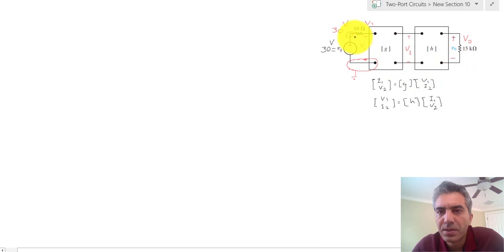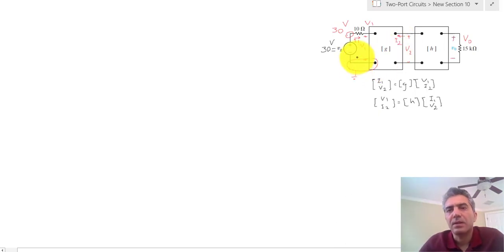In terms of currents, the current going into the first port, I'm going to call it I1. Now the current going into the second port of this box right here, I'm going to call that I2. Notice that for these two-port analysis circuits, I'm always choosing the currents I1 and I2 to go into the box, and that's just a convention.